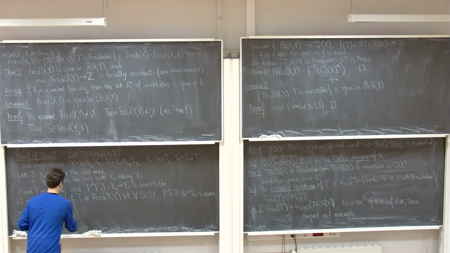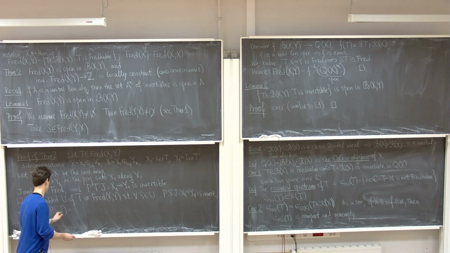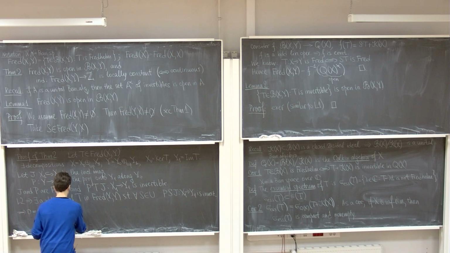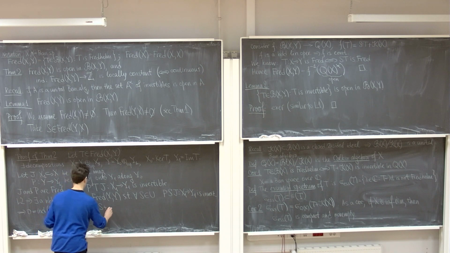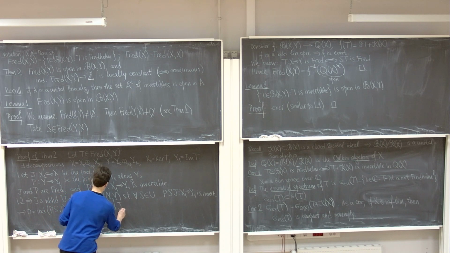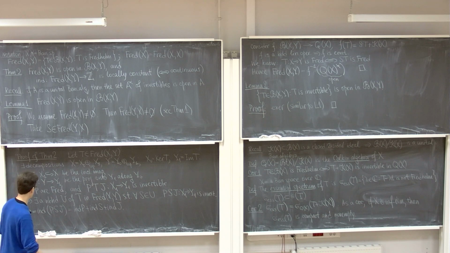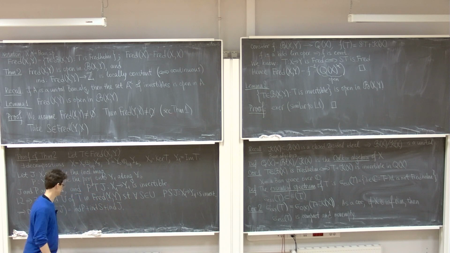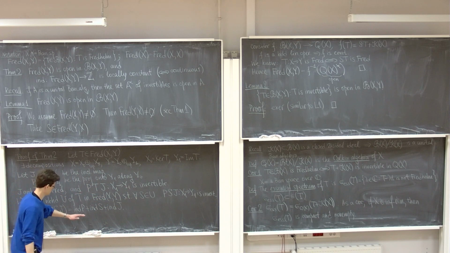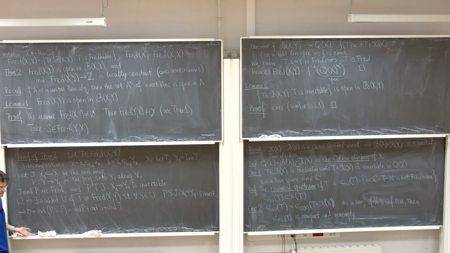Well, we know that the index is the sum of the indices. P, S, and J are all Fredholm. So this is the index of P plus the index of S plus the index of J. And this holds for all operators S in this neighborhood. But of course, the first summand and the third summand don't depend on the choice of S. They are constant.